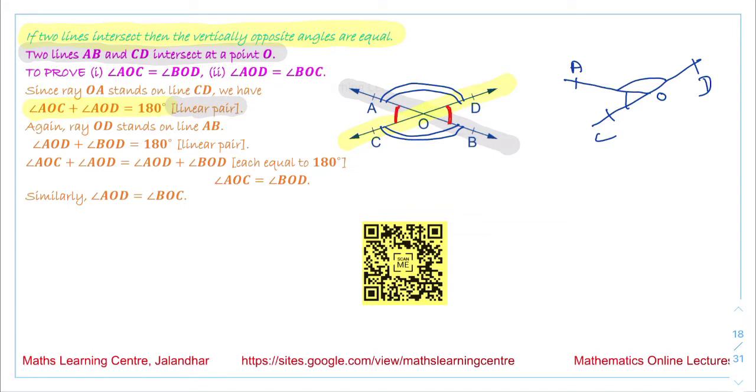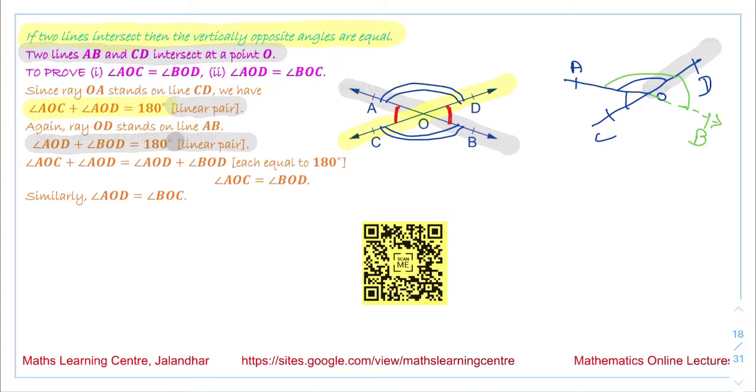Now the second thing: this line AB is also a straight line, and OD stands on this straight line AOB. So the sum of the angles AOD and BOD is also 180 degrees because of the linear pair property, or the definition of the linear pair.